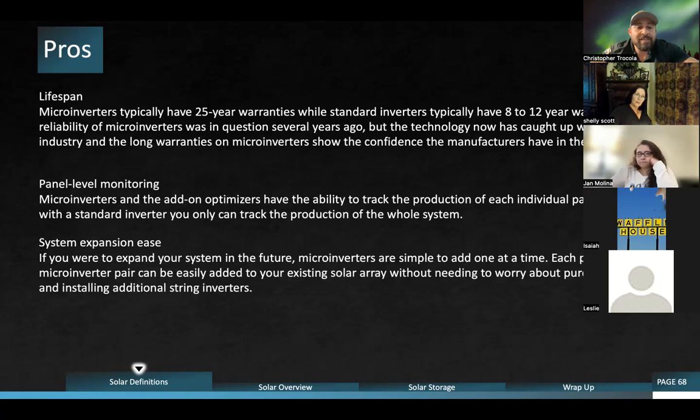Now, system expansion is easy. If you were to expand your system in the future, you just add a microinverter right to the back of the panel. It's that simple. So every time you add a panel, you add an inverter. It increases the cost. I know there's a lot of words on that one, but it's simple: if you want to add a panel, add an inverter.